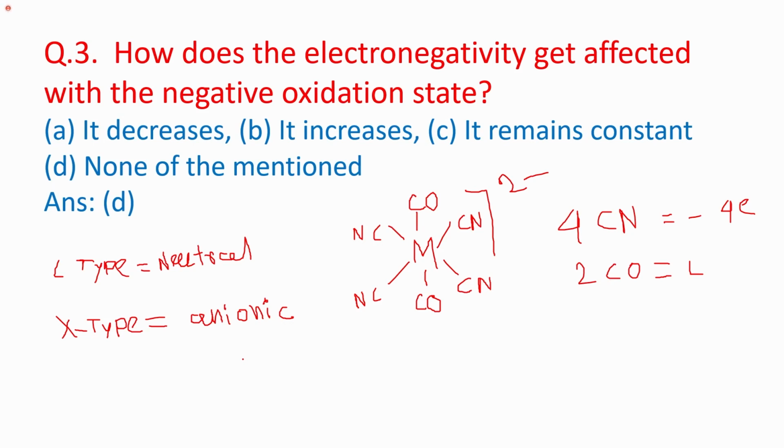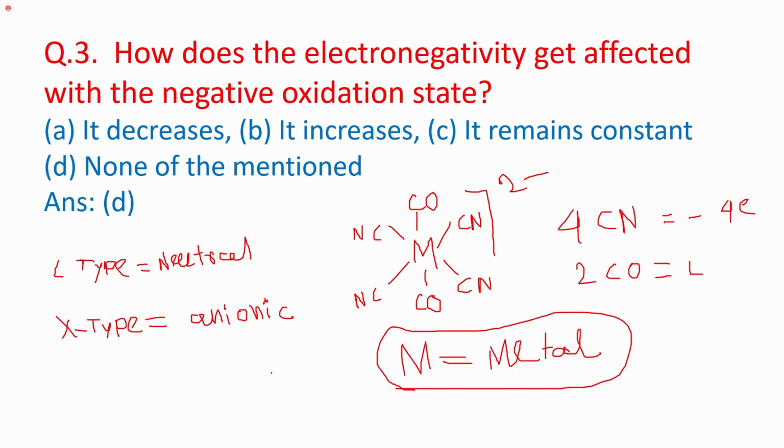Now you can see there are six ligands, right? So M equals metal. Now we have four CN minus, right? CN minus is the anionic ligand, so this is the X type ligand.